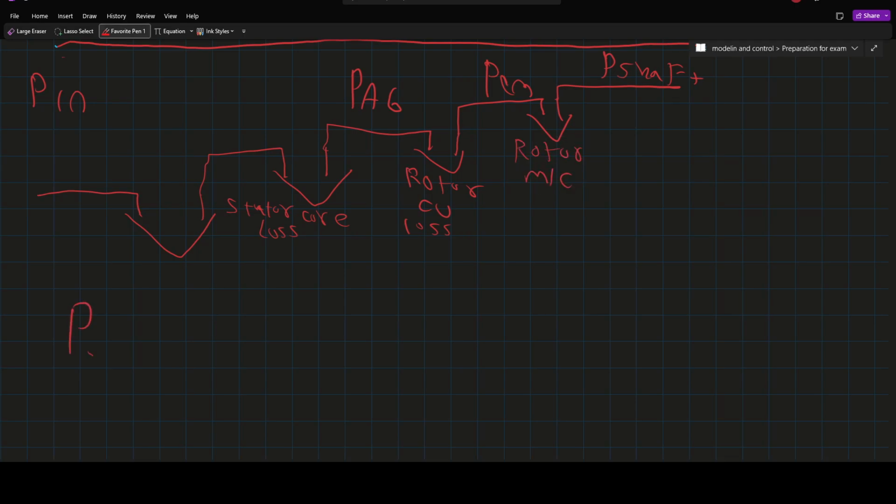So we have the power in the shaft is equal to our power in the air gap minus our copper losses minus our mechanical losses.